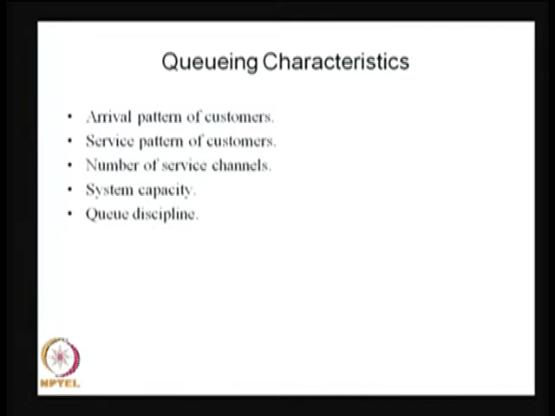Similarly, the service discipline, how customers are picked for service. So these are the minimum important information to characterize the queuing system. One is the arrival pattern, second is the service pattern, and the third is the number of servers. The fourth is the capacity of the system, and then the service discipline or queuing discipline.